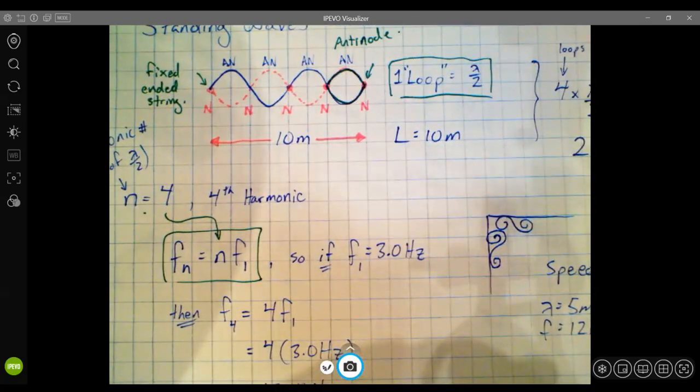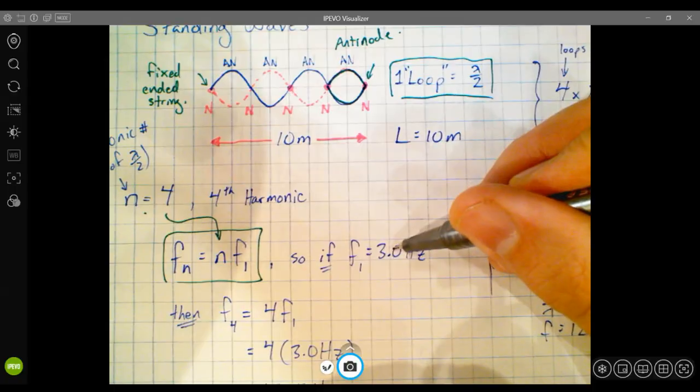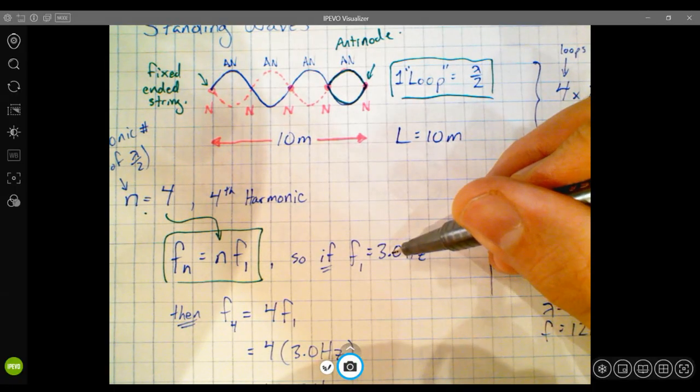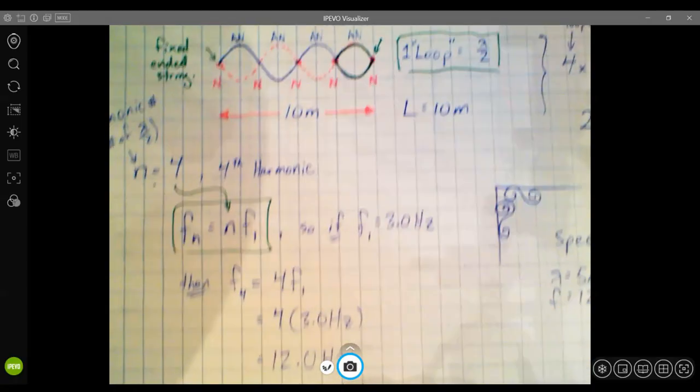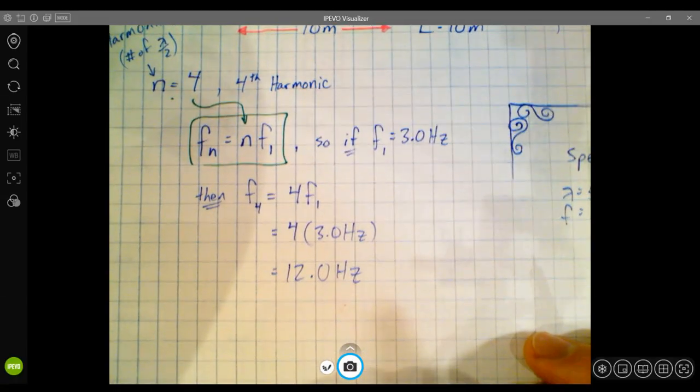And if we knew, for example, that F1 was 3 hertz, the thing making this wave occur was vibrating 3 times per second, then what is the 4th harmonic frequency?